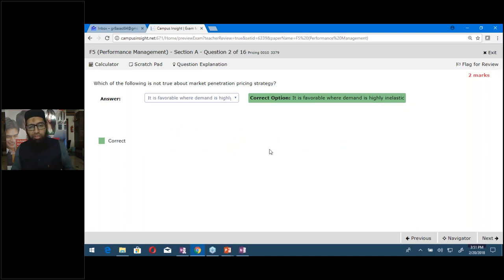The reason is that where demand is highly inelastic, if I increase my price, I will get more revenue. In market penetration, I'm dropping my price. So this won't be a good strategy when the elasticity of demand of a product is inelastic.